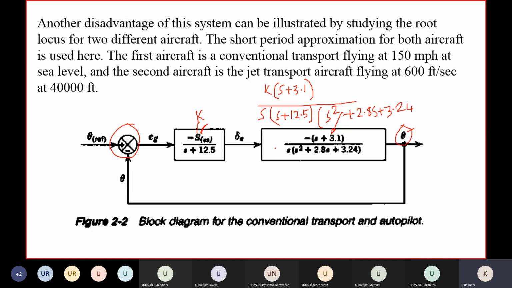I just multiply these two blocks because they are cascade blocks; multiplying them, we get a single block.